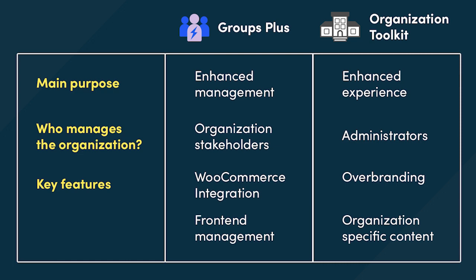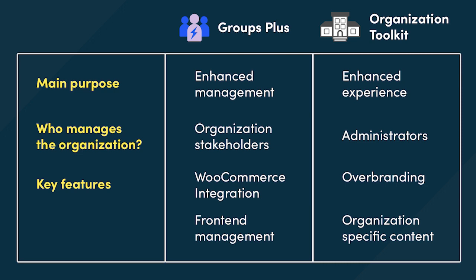Organization Toolkit, on the other hand, is mainly focused on enhancing the experience for the organization. So what that can do is bring in things like overbranding. So if you're working with an organization and they say, I want my own organization logo on your platform instead, what you can do is show their logo to the people in your platform from that organization, and you can also customize bits of CSS for people in that organization as well.